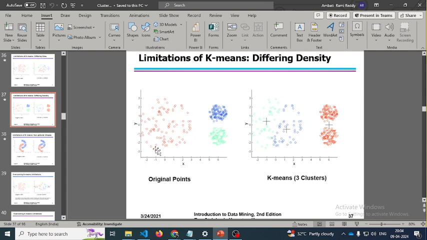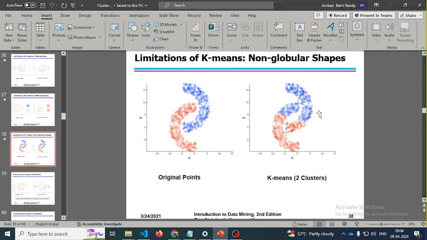In this diagram, here the data points are very close and the density is very high. In this other cluster, the points are scattered and the density is very low. That is another limitation of k-means.